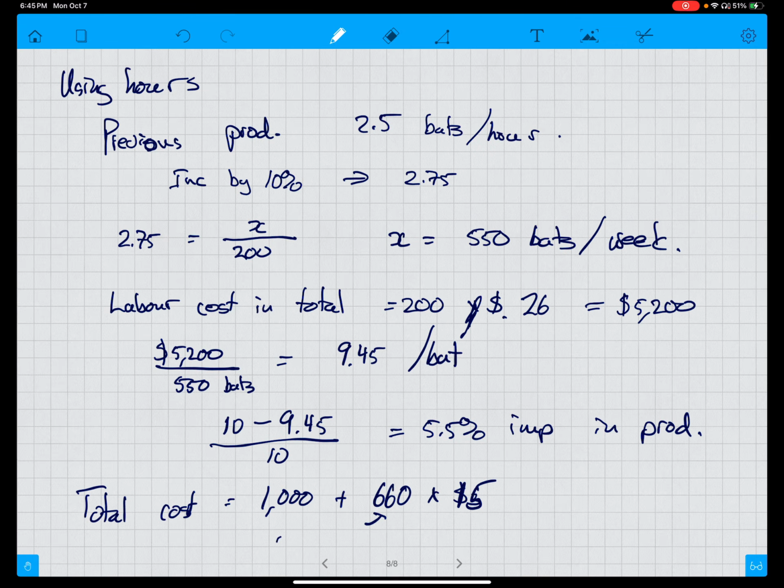So we're just adjusting that up by the amount that we have increased our bats. More material because more bats. Plus $5,200 equals $9,500.